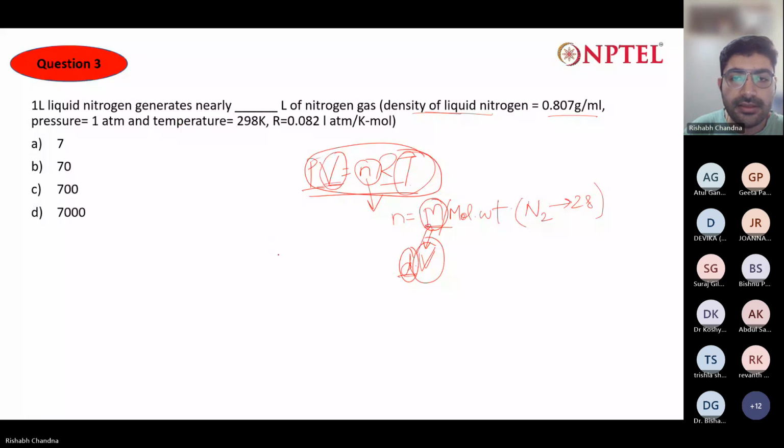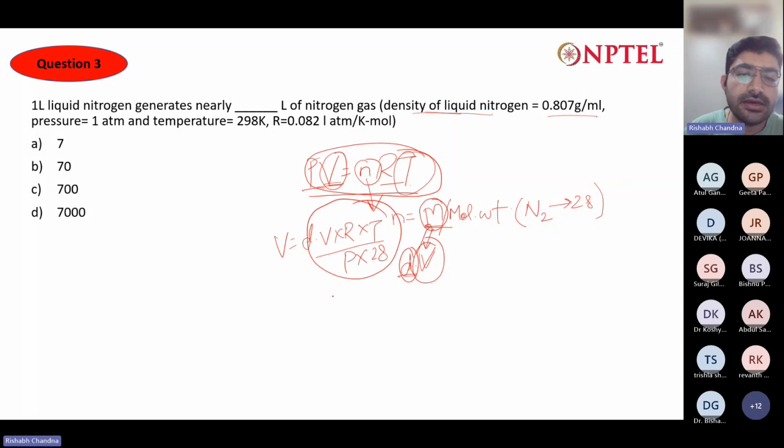So this volume is equal to density into volume into RT by P into 28. After substituting these values, we'll get a value near to 700 liters. So this will give you the answer, option C.